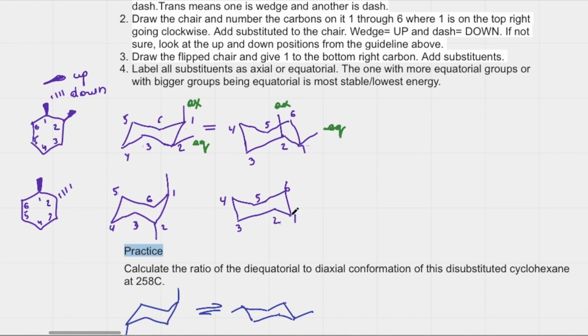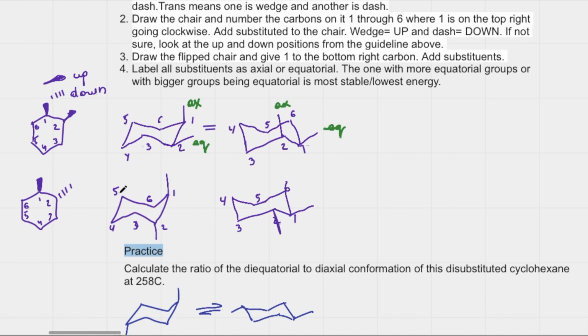What is up position on 1? Where does it go? Again, you can always double check with the prototype that I have written above. But 1 up on this is parallel to this line, so it should go like that. 2 is down. Where is down on 2? It must be parallel to this line, so it's going like this.